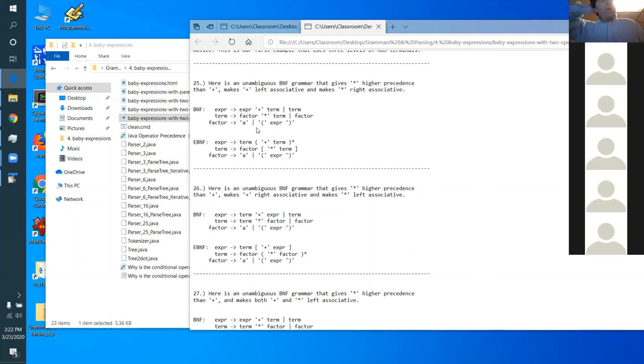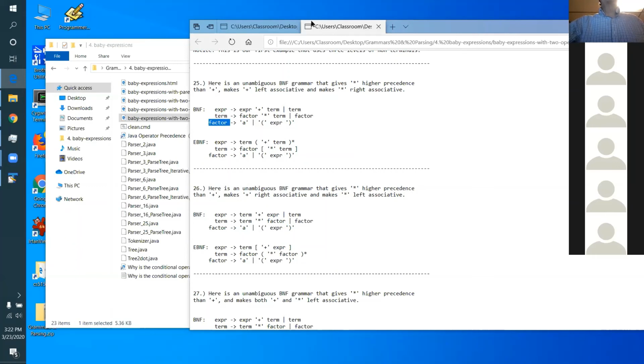So finally, to get to an unambiguous grammar, we end up needing three levels of productions: expression, term, and factor. And in fact, these words I'm using are ubiquitous.